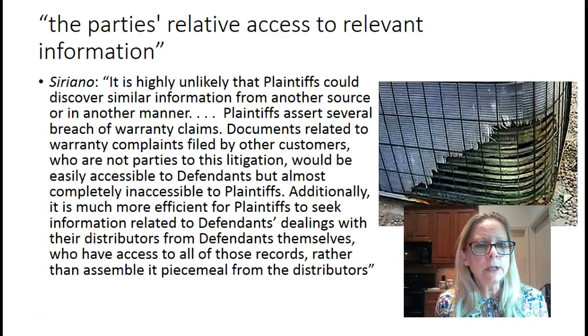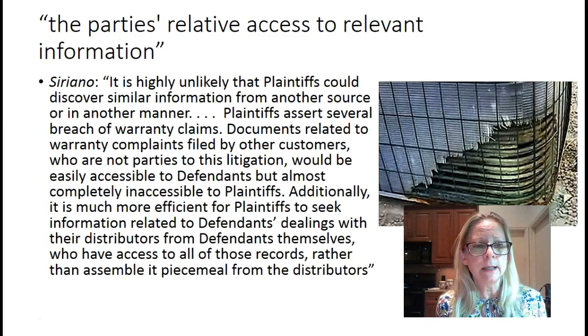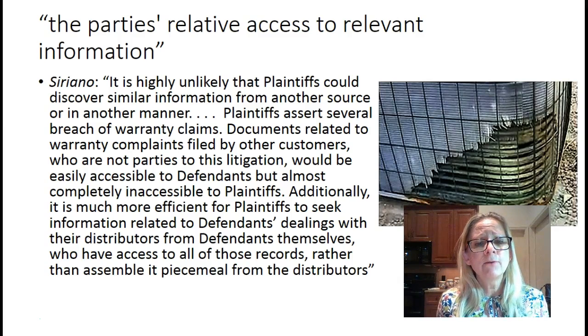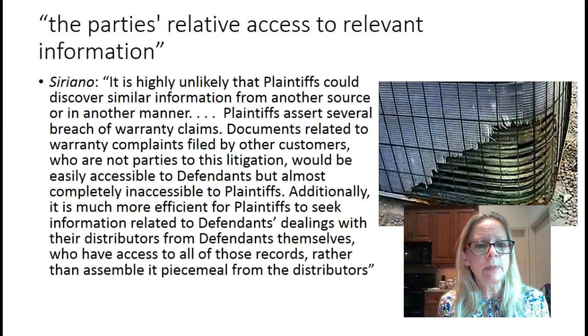Documents related to warranty complaints filed by other customers who are not parties to this litigation would be easily accessible to defendants, but almost completely inaccessible to plaintiffs. Additionally, it is much more efficient for plaintiffs to seek information related to defendants' dealings with their distributors from defendants themselves, who have access to all of those records, rather than assemble it piecemeal from the distributors.